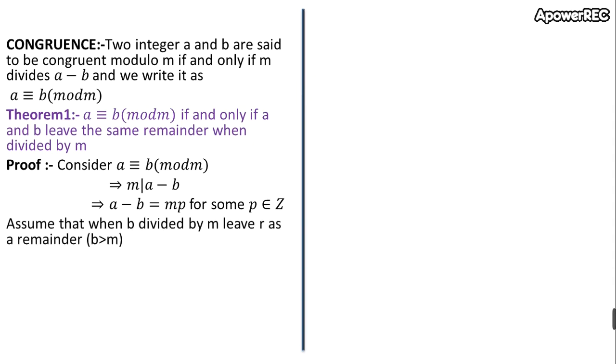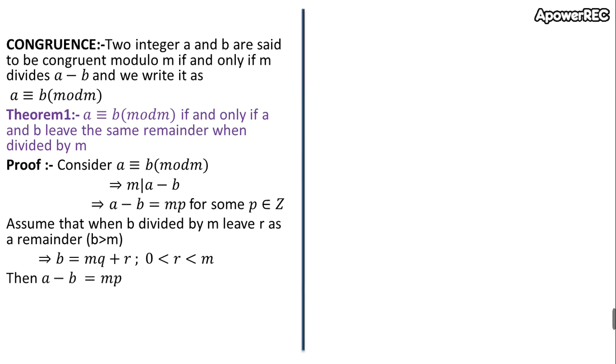Assume that when b is divided by m it leaves r as a remainder. That is, by the division algorithm, we can write b equals mq plus r such that 0 is less than or equal to r, which is less than m.